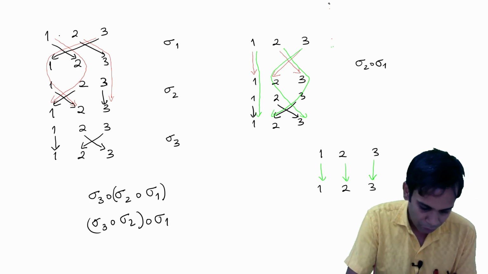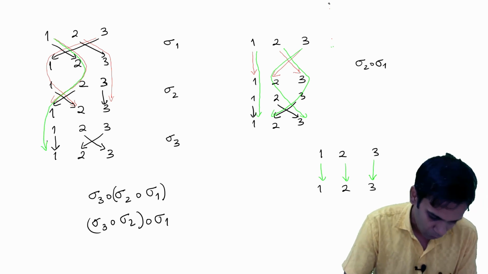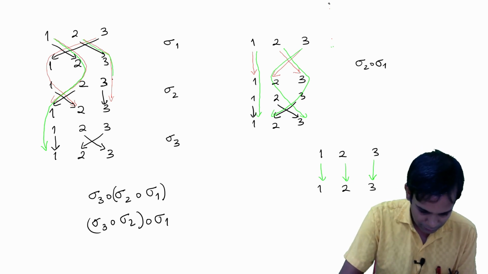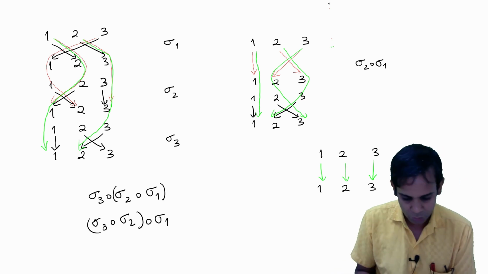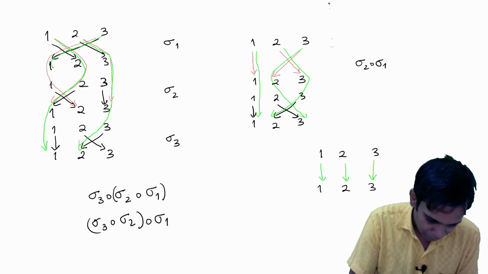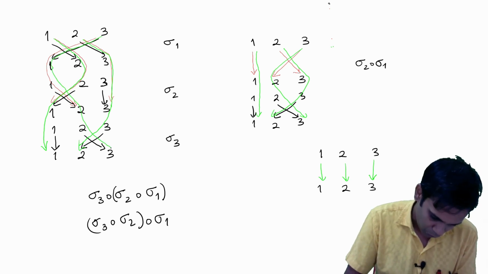So if I start here, I can take 1 and I'll follow it down. 1 goes down to 2, 2 goes down to 1, and then that goes down to 1. So 1 goes to 1. 2 goes to 3, 3 goes to 3, and then 3 goes to 2. 2 goes to 2, and then 3 goes to 1, and then 1 goes to 2, and then 2 goes to 3.